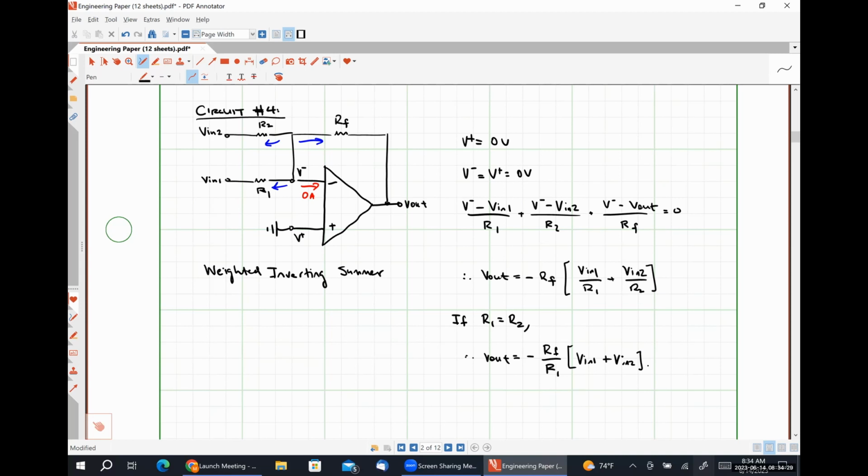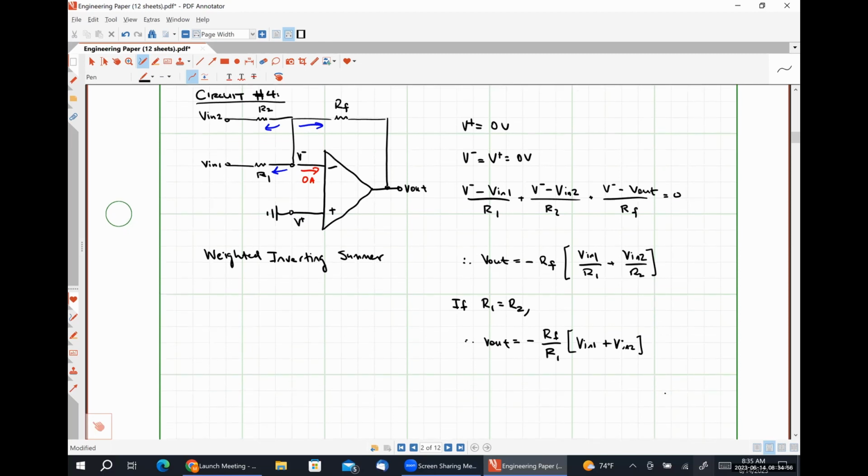So in this case, we no longer have a weighted summer because each individual input isn't being scaled by a separate scaling factor. Now the sum of all of our inputs is scaled by a single factor. So this is why it's an inverting summer. All right.